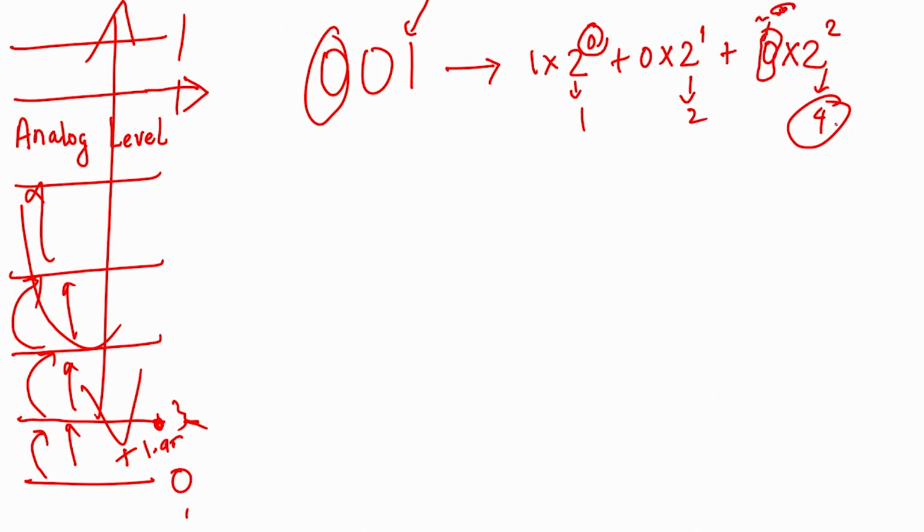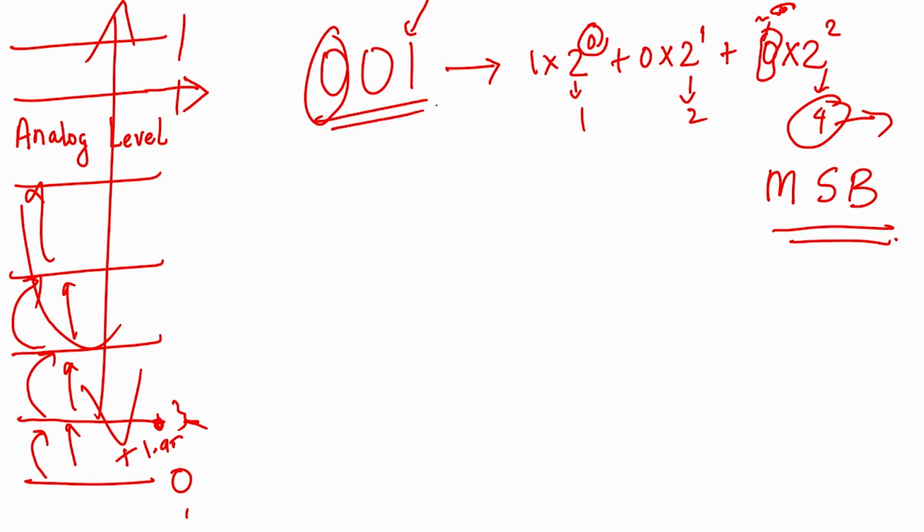Because of this higher weight, that is why it is called most significant bit, because it has the highest say in the analog value in your digital word. This bit, the most significant bit, has the highest contribution to the analog voltage level of your digital word.